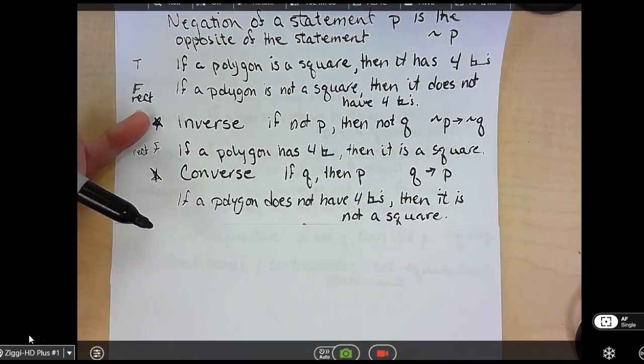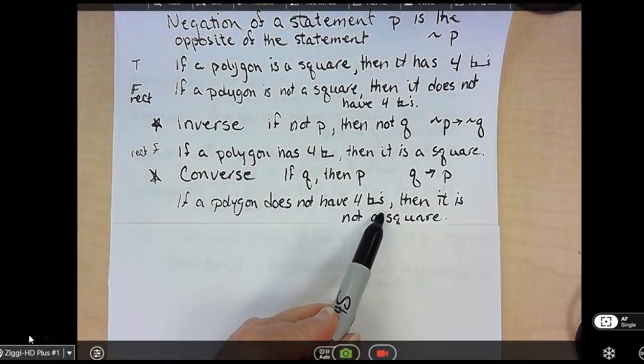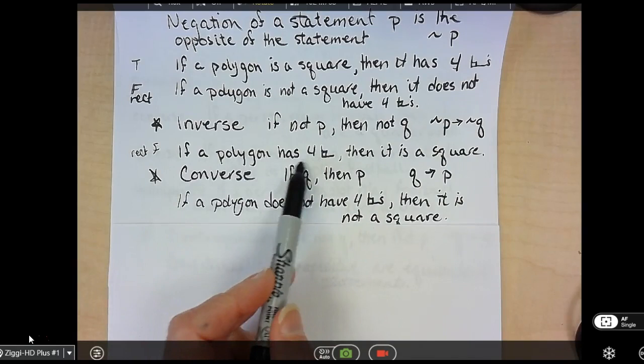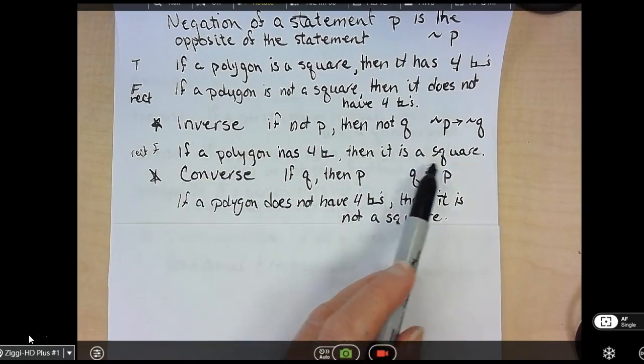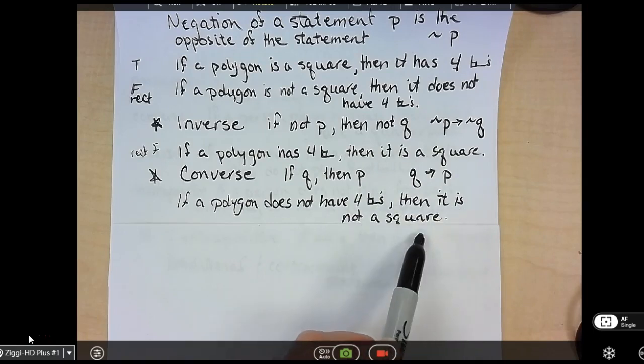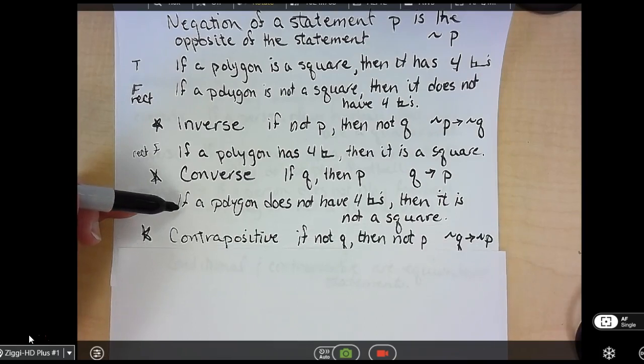Another example, if a polygon does not have 4 right angles, so now I'm negating the if part, then it is not a square. When we have flipped it and negated, that's called the contrapositive.